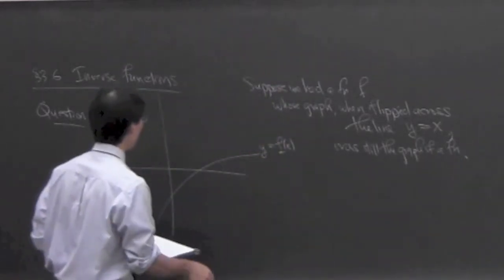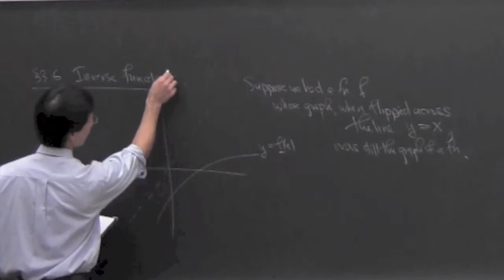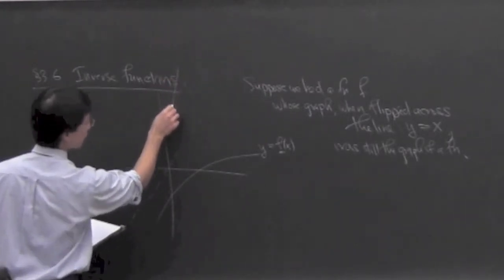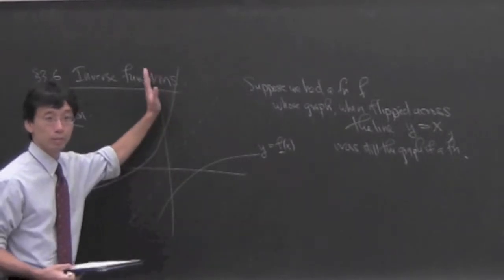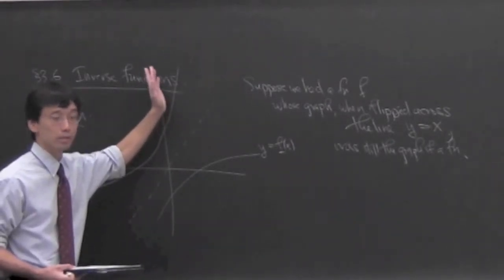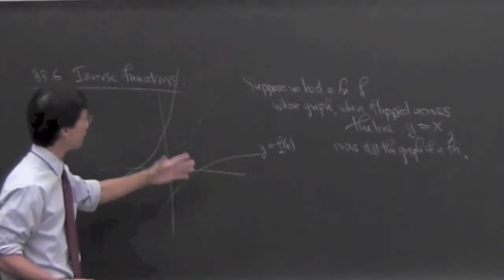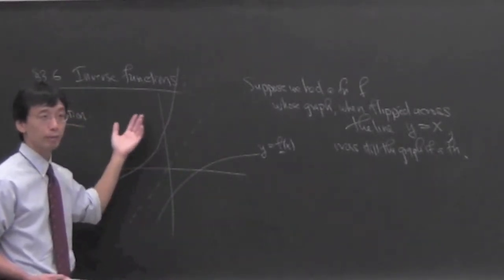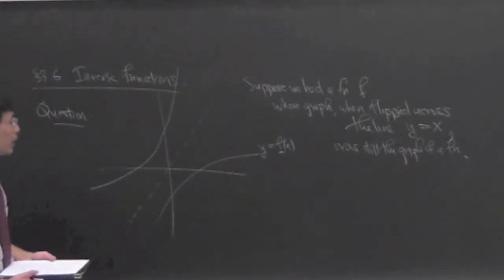So we have this function, we flip it across the line y equals x, and it turns out that still is a function. It still satisfies the vertical line test. Here it satisfies the vertical line test, and this graph is funny: when we flip it, it still satisfies the vertical line test.